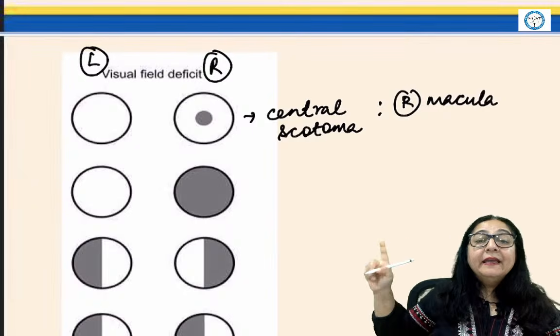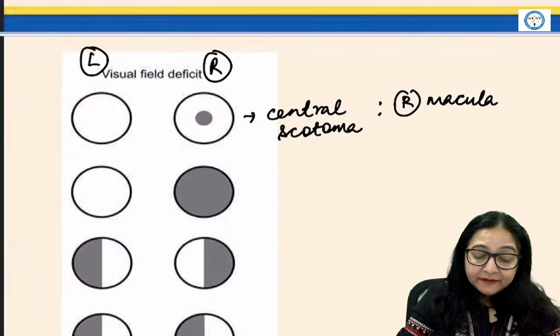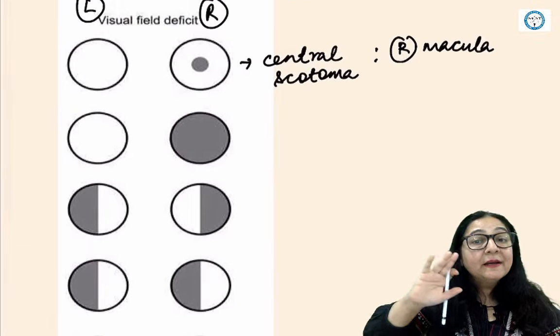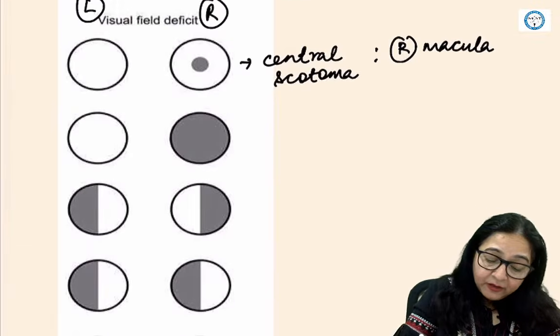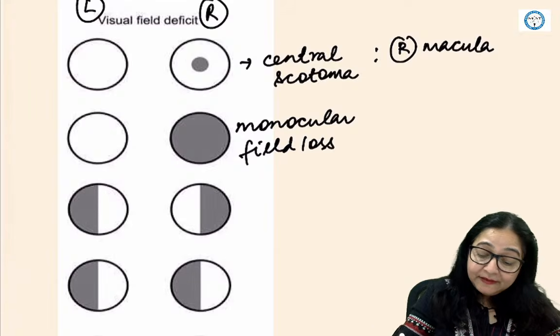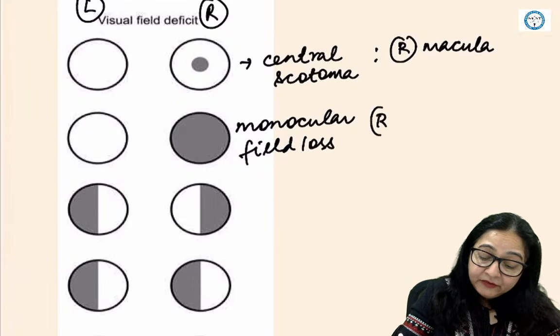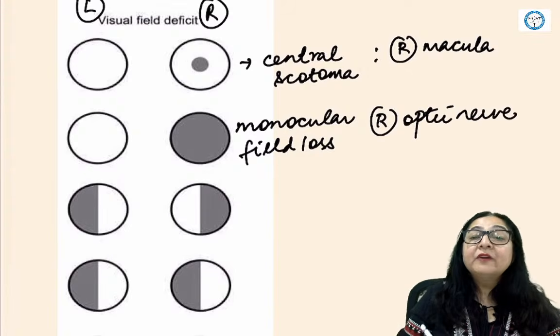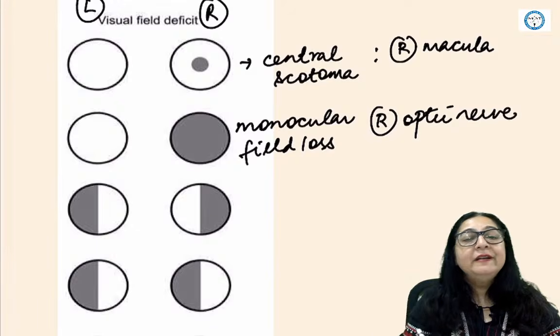Okay, again the second one, the defect is only in the right eye, the complete field loss is there. So monocular field loss, complete field loss, this happens in the cases of lesions of the optic nerve.